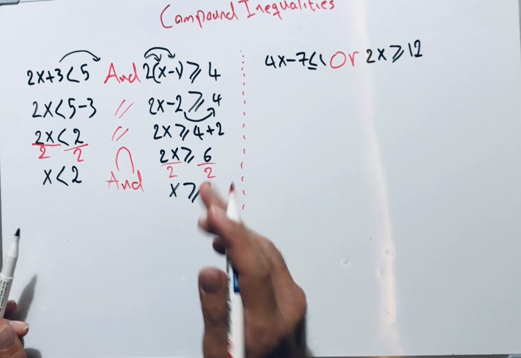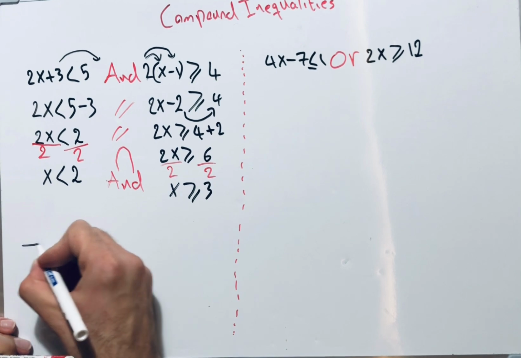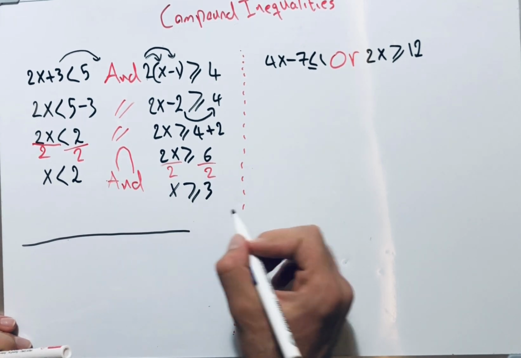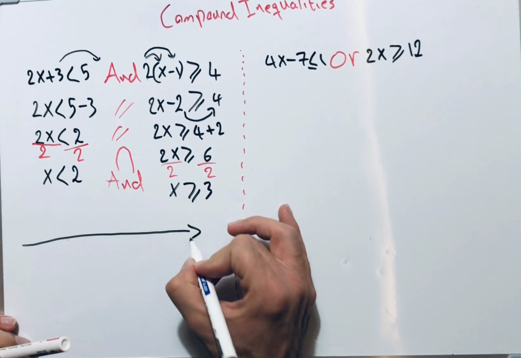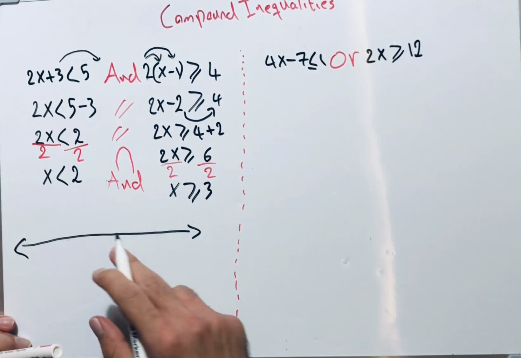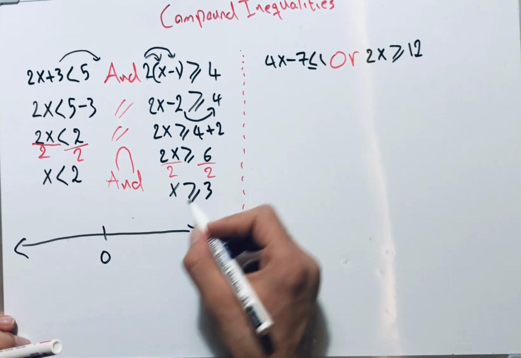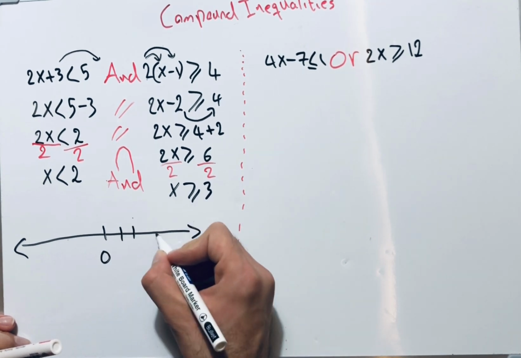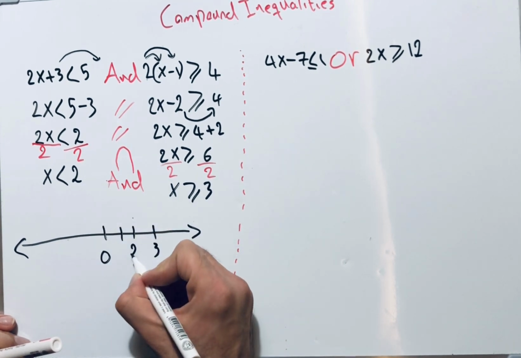Even if you don't know that, it's fine, because we're going to use the number line to show the numbers. We have 0 here, we have 3, so 1, 2, 3. So this is 3, and this is 2.